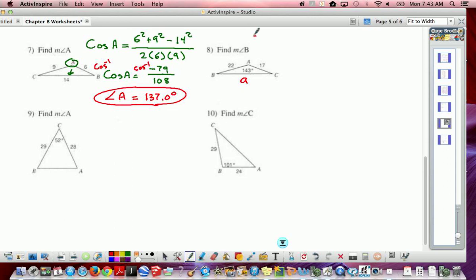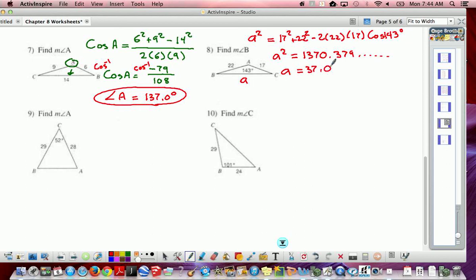So first I'm going to find a. a squared is equal to 17 squared plus 22 squared minus 2 times 22 times 17 times cosine of 143 degrees. When I plug that into my calculator, my a squared should be 1370.379... My a should end up equaling about 37.0.